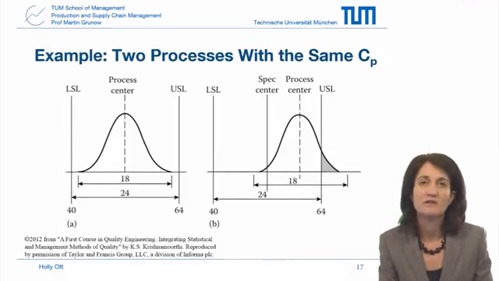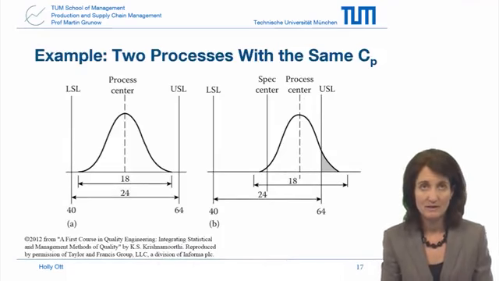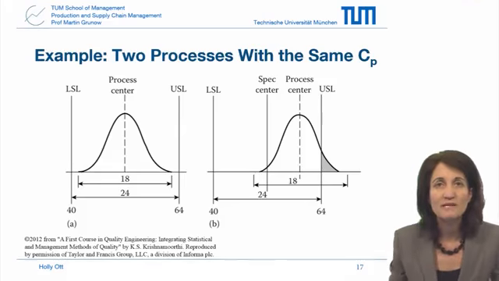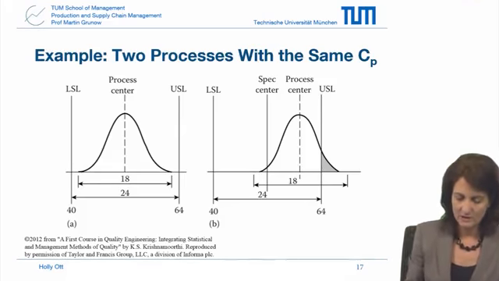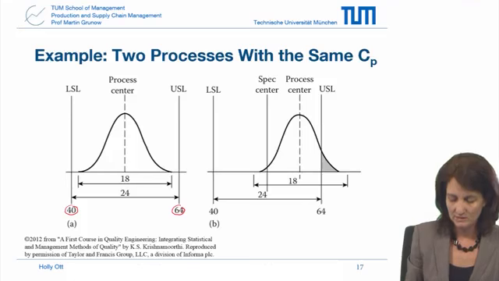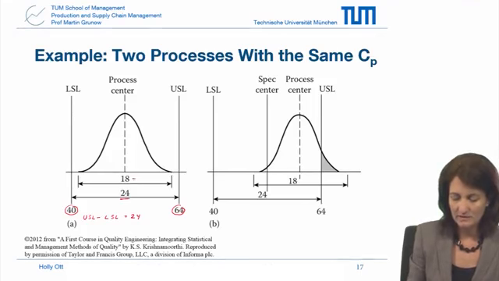Because I'm going to give you now another example where we have two processes. They both have the same CP, but they look very different. In the first process, we have upper spec limit 64, lower spec limit 40. Distance between them 24. So USL minus LSL equals 24. And we have a process variation here.